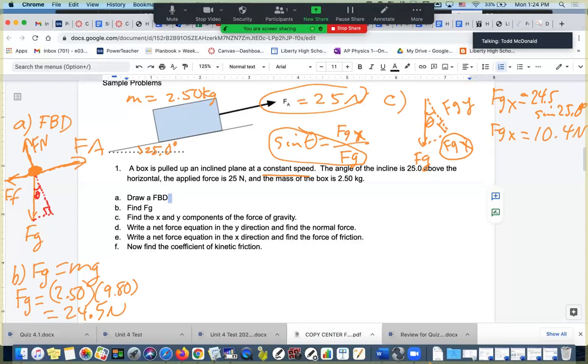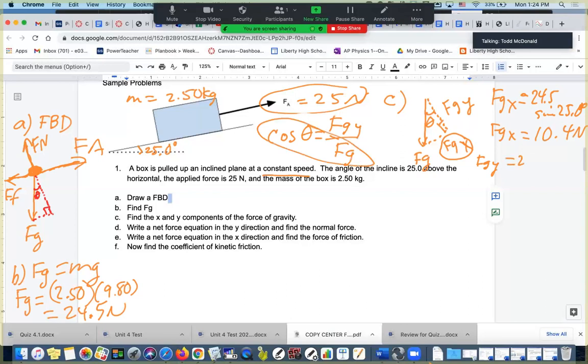Then we're going to do the exact same thing for FGY. I'm going to erase this middle section here. If you look closely, FGY is the adjacent side this time, so we're dealing with cosine. Cosine of theta is the adjacent side, FGY, over FG. So I cross multiply those two sides to get FGY.